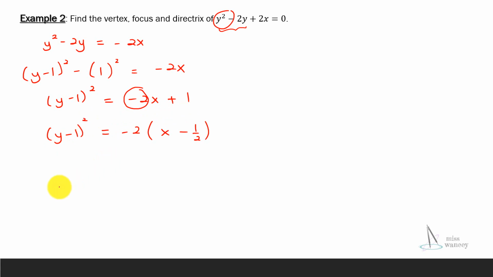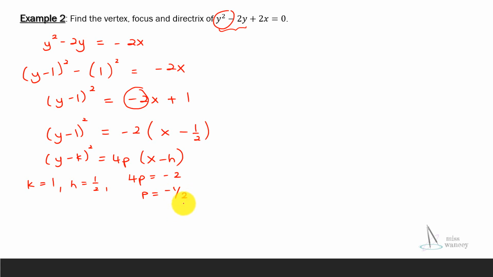And then compare them with (y − k)² = 4p(x − h). So we're going to compare them and see what h and k are. Compare them, we're going to see that k is equal to 1. Compare these two, we're going to see that h is equal to 1/2. And then 4p is actually equal to −2, so p is actually equal to −1/2.